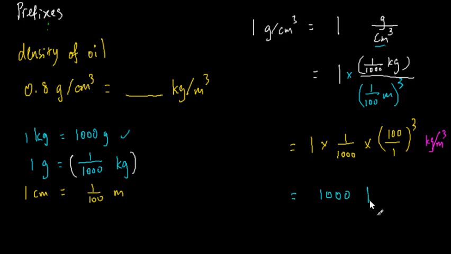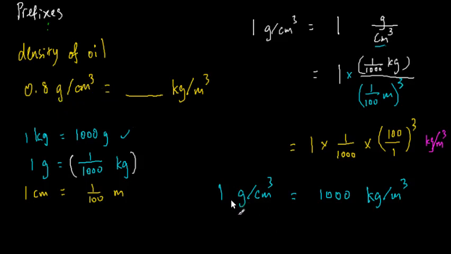and the units are now kg per meter cubed, right? So let me copy that out below here. So 1 gram per cm cubed is equal to 1000 kg per meter cubed. Now going back to my original problem, I need to know what is 0.8 grams per cm cubed.